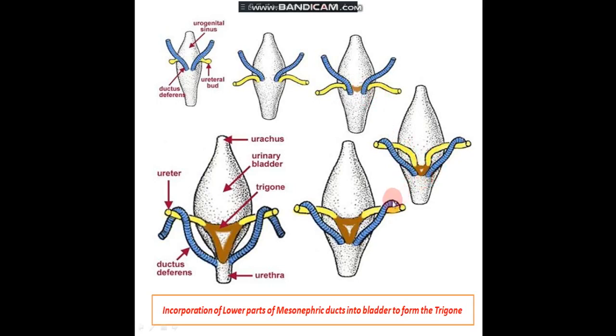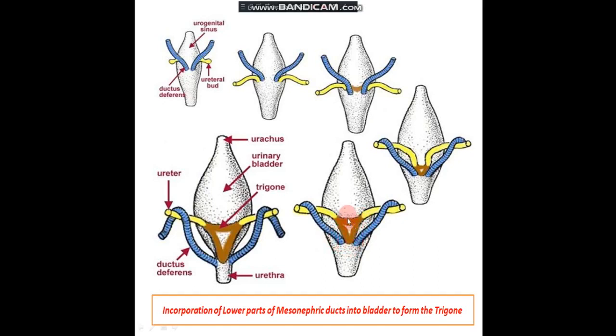A triangular area then appears on the posterior wall of the bladder. This triangular area is now known as the trigone. So this trigone arises from the incorporation of the mesonephric ductus.